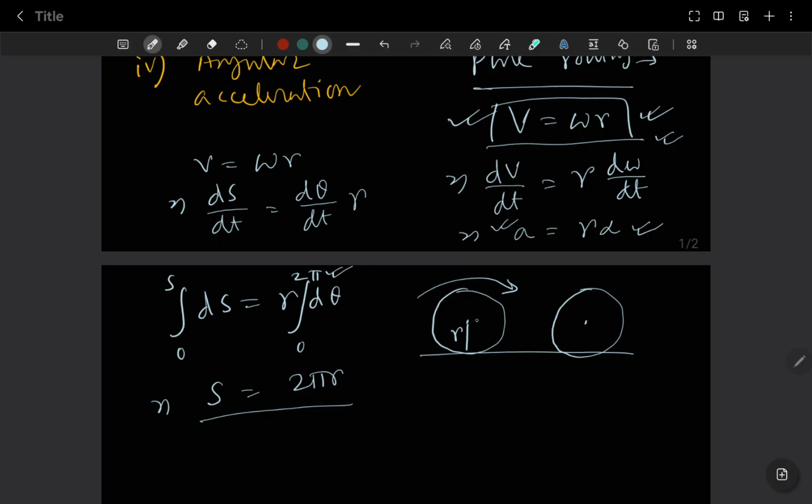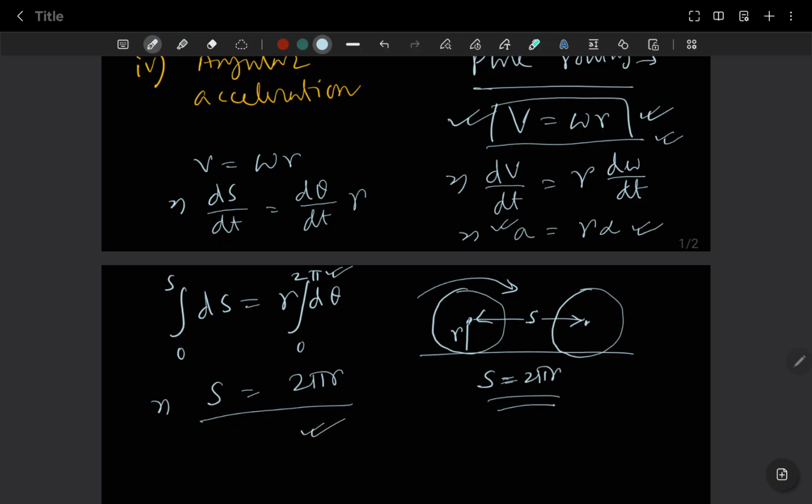We know the displacement of the center of mass from our childhood: if the wheel makes a full rotation, then the displacement of the center of mass is the circumference of the wheel, isn't it? We know it since our childhood. So s equals 2 pi r, here is the proof.